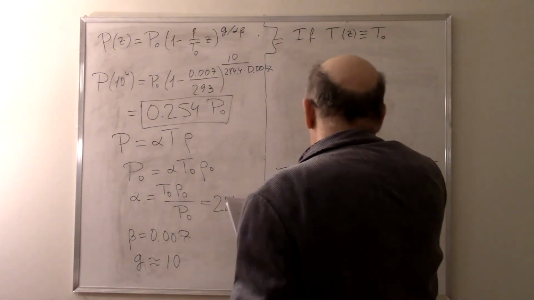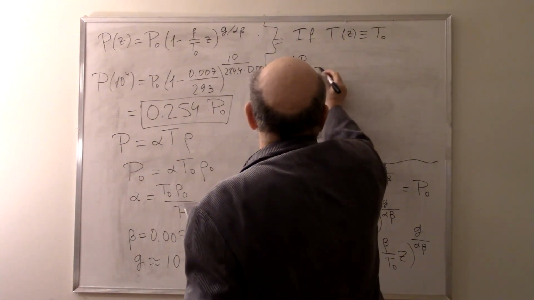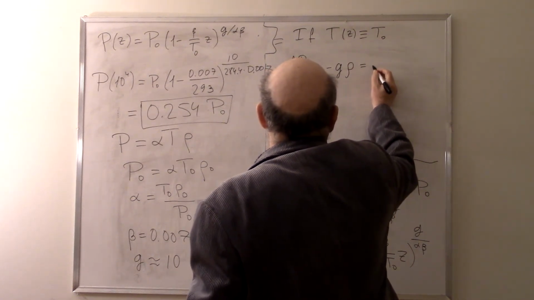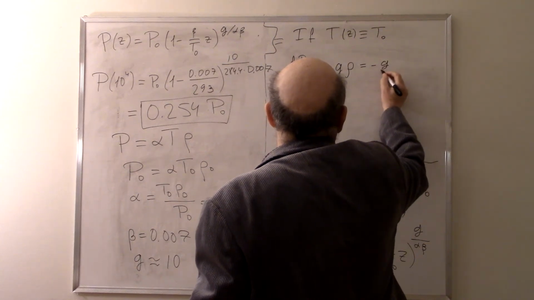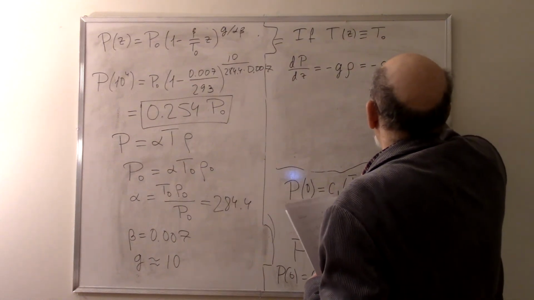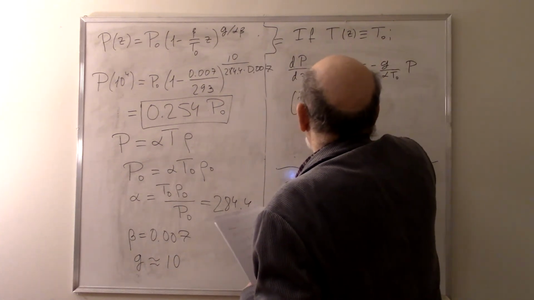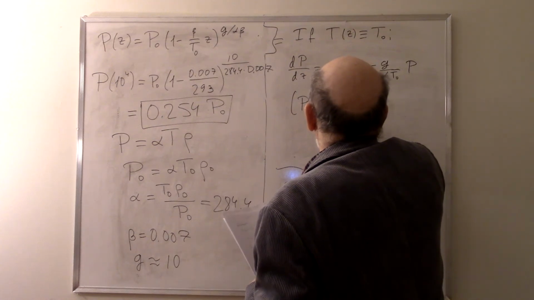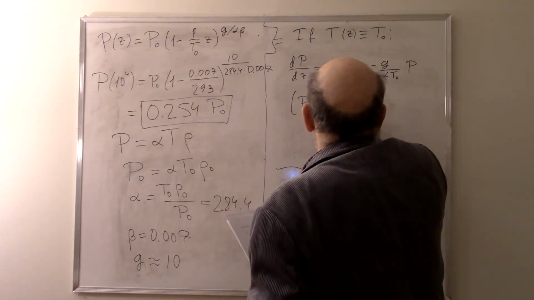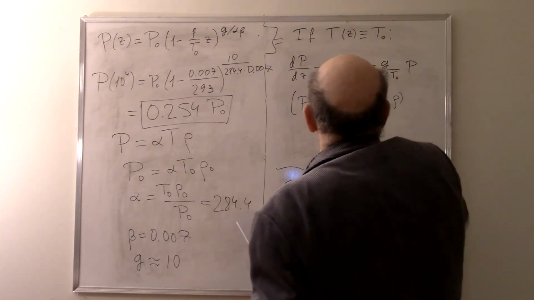Then the equation is the following: dP/dZ equals minus G rho equals minus G divided by alpha T0 times P. In this case, P equals alpha T rho equals alpha T0 rho, because T equals T0.